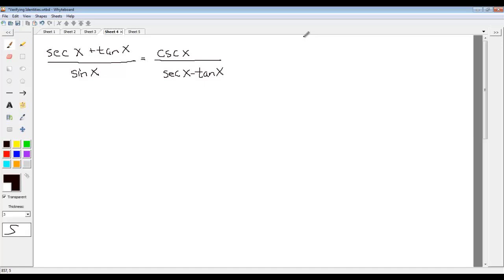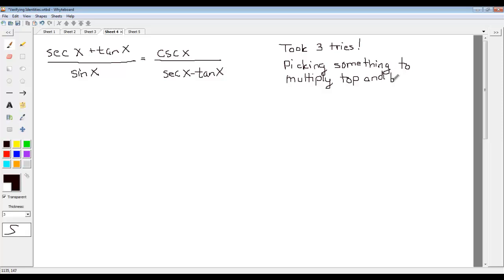So then working with fractions here, this one took me 3 tries when I was working it out. Picking something to multiply top and bottom of a fraction on either side.